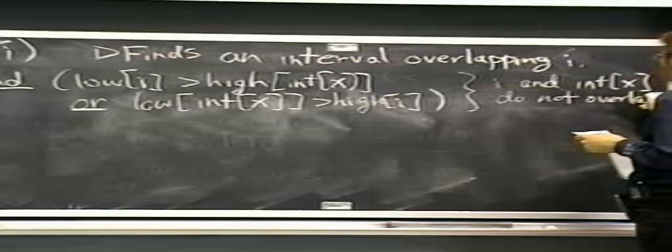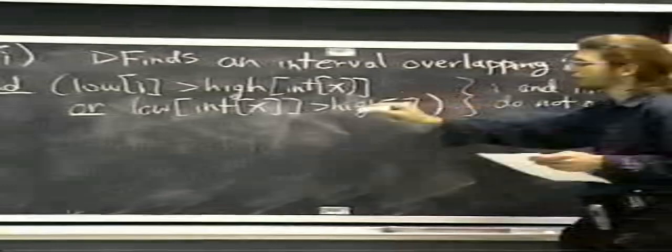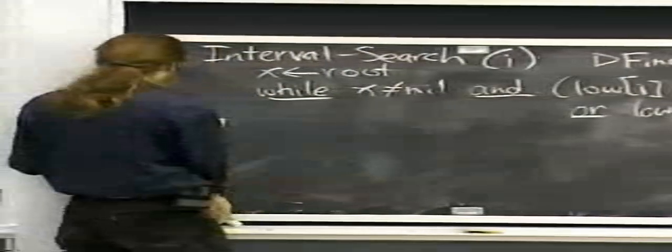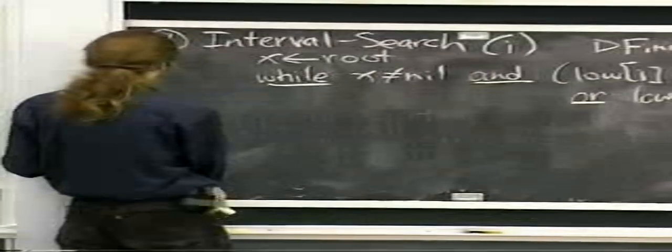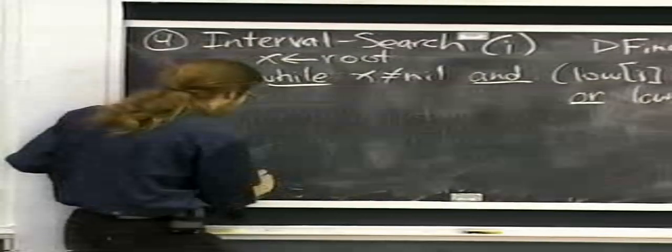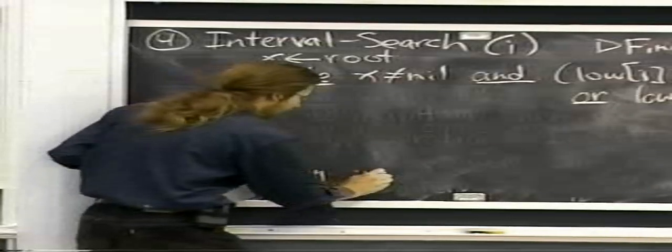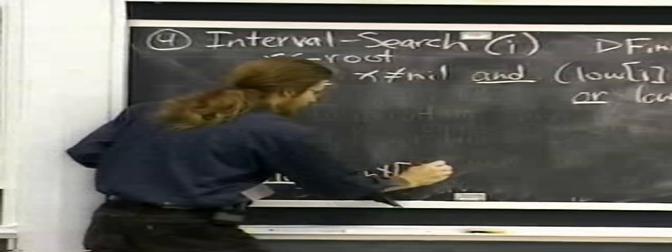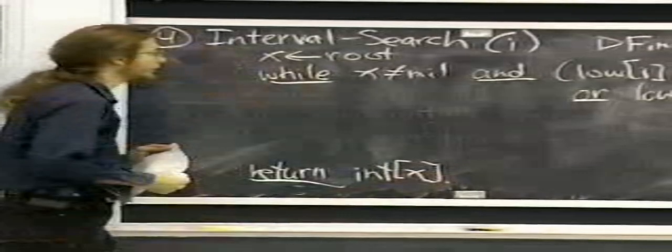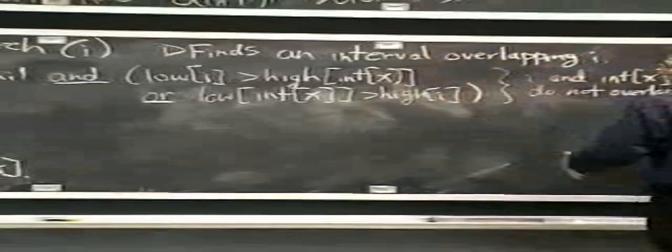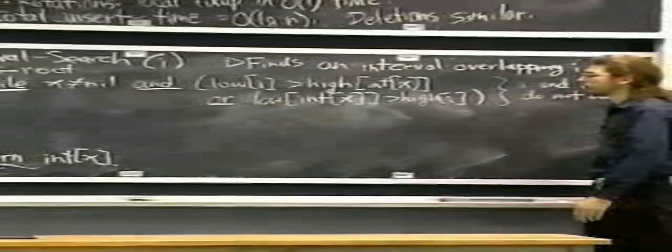If they do overlap, this comes out false, so the and comes out false, and we leave the while loop. Then we return int of x. So if we're lucky, x might be the interval we're looking for. It overlaps I, we return it. So what do we do in the while loop?